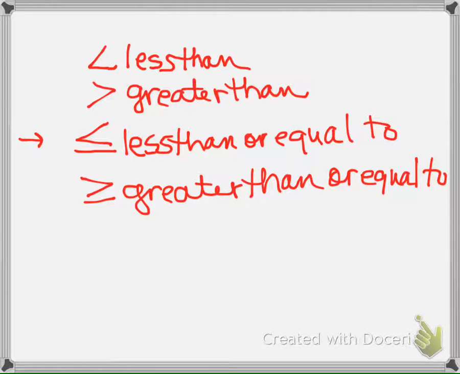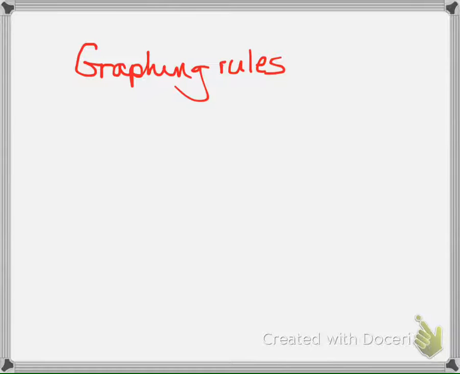All right, now here's what I want you to do when you write these. We're going to talk about graphing and what the graphing rules are for inequalities. Graphing rules. If you have less than or greater than, it doesn't include that number.